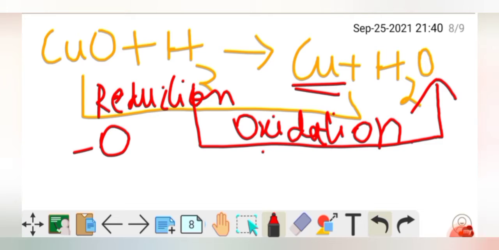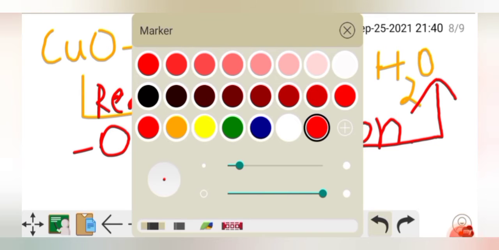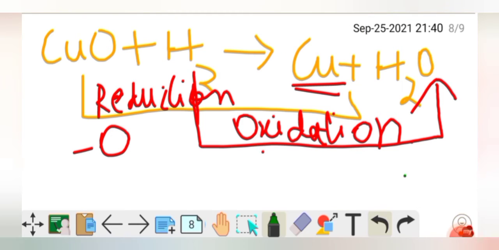Okay, here H2 has helped in the oxidation of H2O. Okay, so this is an oxidizing agent. A substance which helps in the oxidation of another substance is called oxidizing agent. It is always to be remembered that oxidizing agent itself gets reduced. Understood?